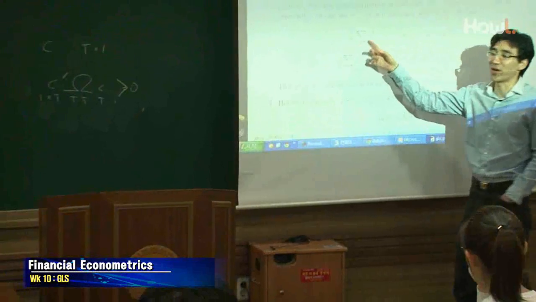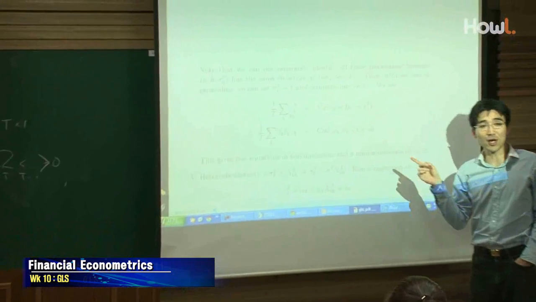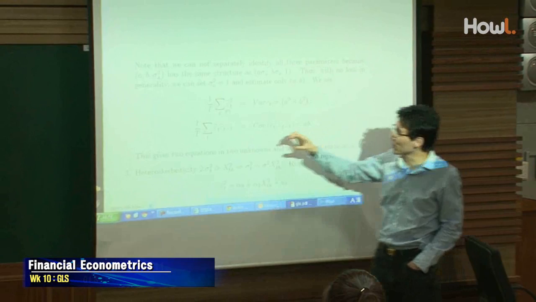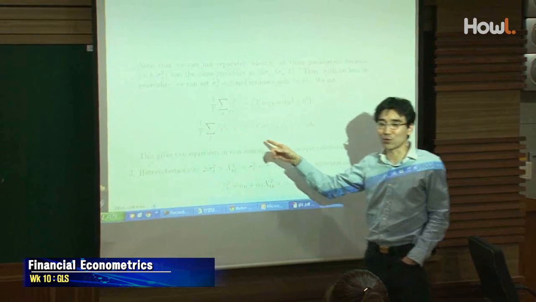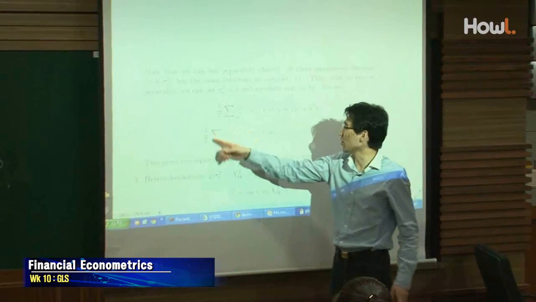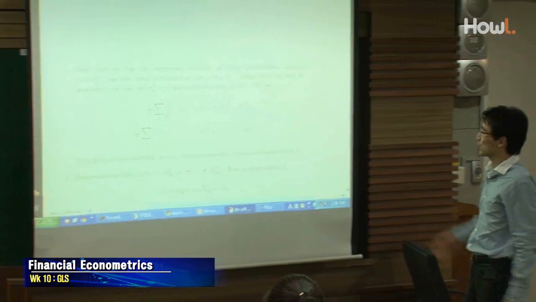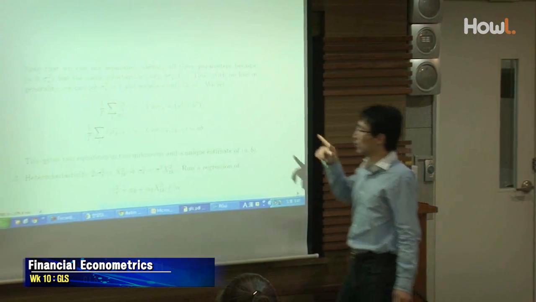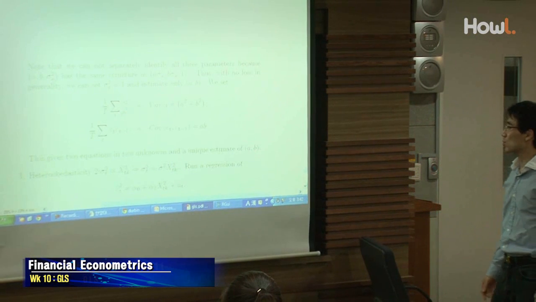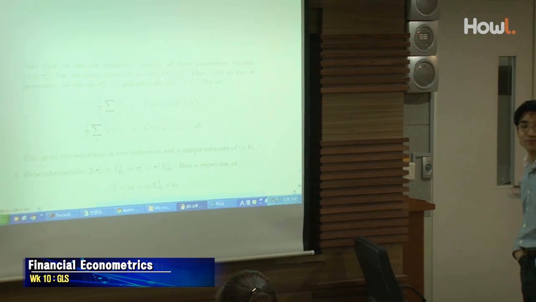You can simply calculate the variance of this error term, which should be equal to a squared plus b squared. On the other hand, with the OLS estimates of the error terms, you can take the lag, multiply each other, and get the average, which will be the estimate of the covariance, which should be ab. With two equations and two unknowns, we solve for a and b. This kind of procedure is called the method of moments.